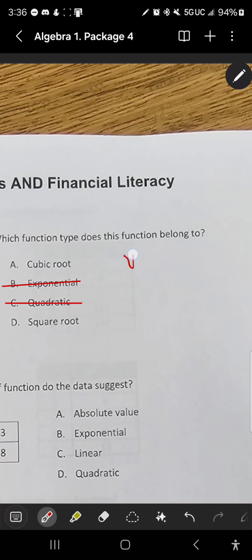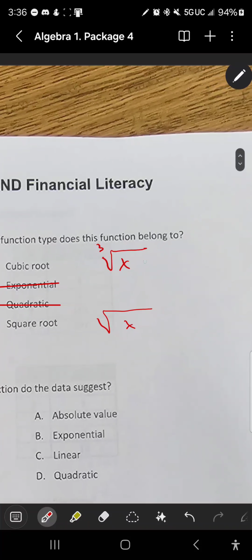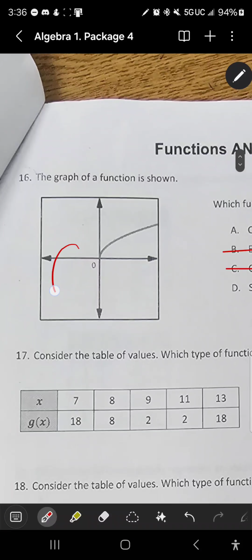So cubic root is the cubic root of x, and square root is the square root of x. If I plug in, as you can see, I don't have a negative side here.